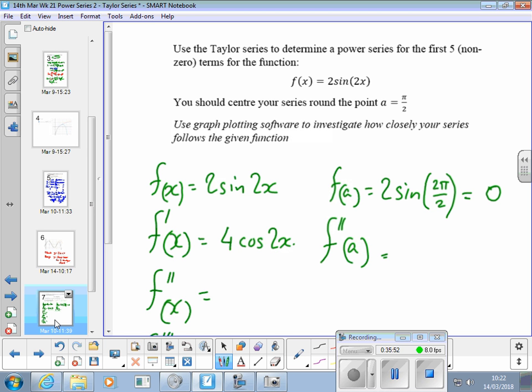So we take that out and multiply, but leave it inside. So we're looking at 4 times the cosine of 2 pi over 2.